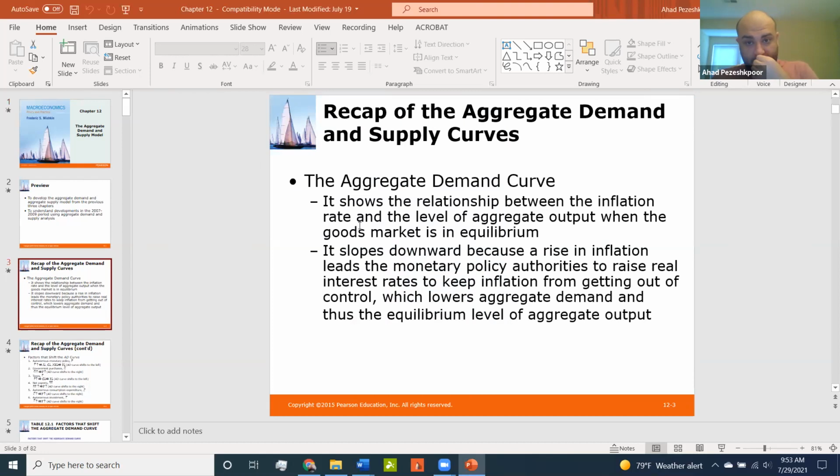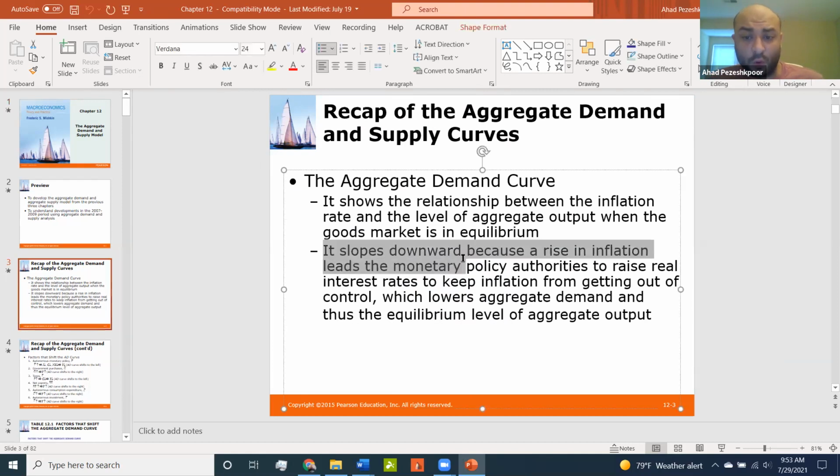Now, from before, aggregate demand shows the relationship between inflation and the level of aggregate output. In the aggregate demand side of the general equilibrium, we assume that the central bank would immediately respond to a rise in inflation.